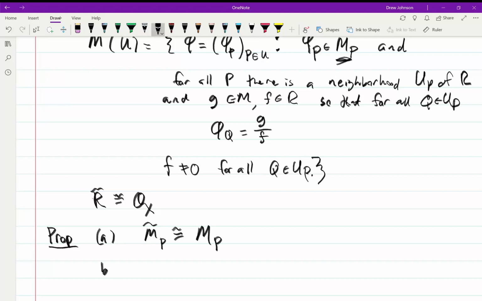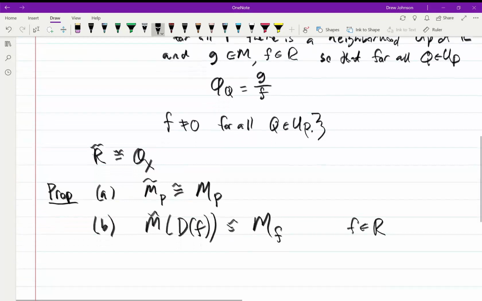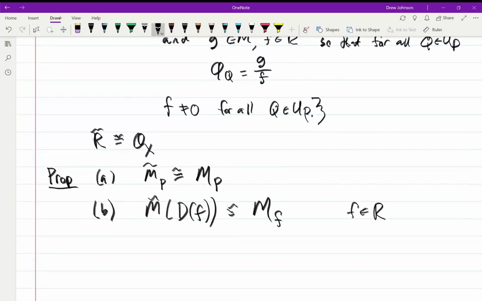And part B says that M tilde on a distinguished affine set D(f) is just the module M localized at the element f, where f is in R. In particular for part B, you can see that the global sections of M tilde over the whole affine scheme X are just equal to M, because this is just M localized at 1.